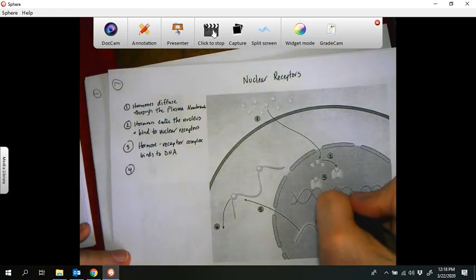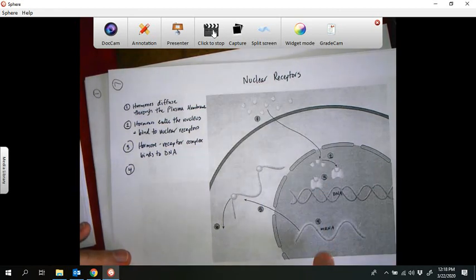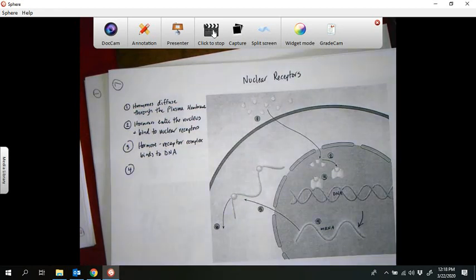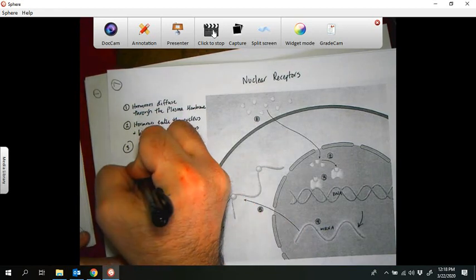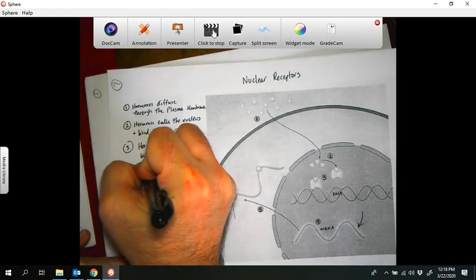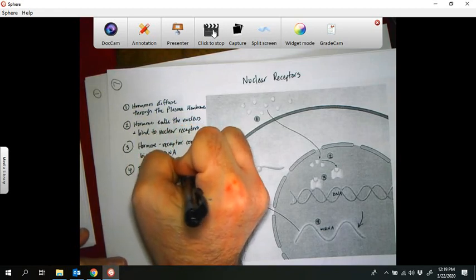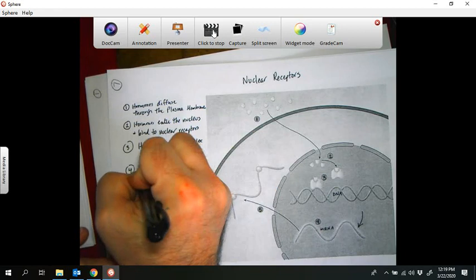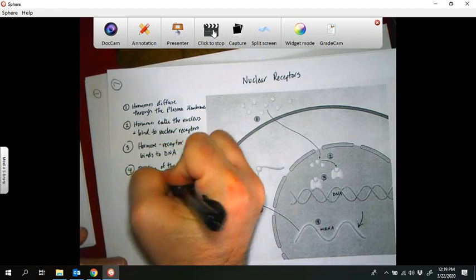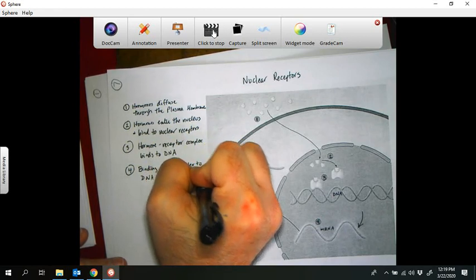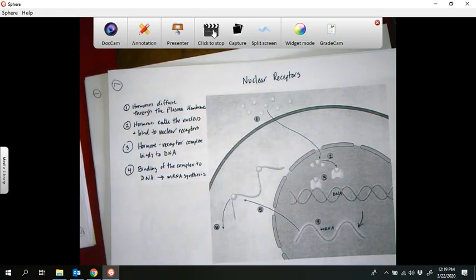So here we have our DNA, here we have our messenger RNA, and we know that there's a whole series of steps that make mRNA, but the binding of the complex to DNA causes mRNA synthesis. So that's the process of transcription that we talked about clear back at the beginning of the year.